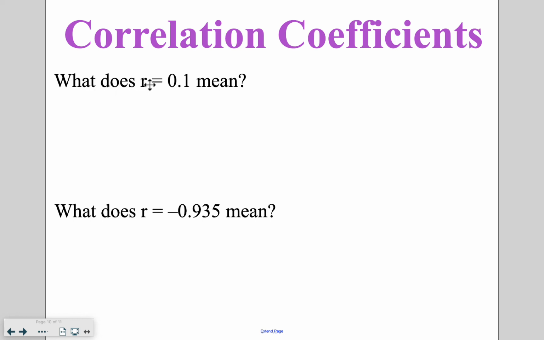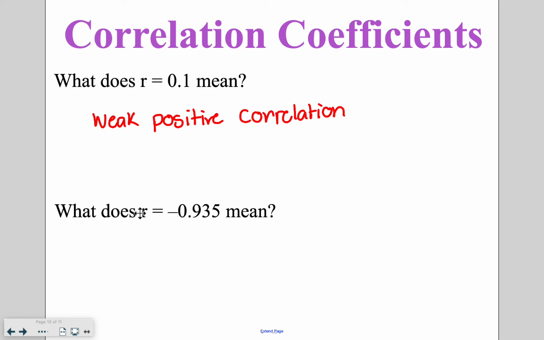So what does R, which is what stands for the correlation coefficient, of 0.1 mean? That would be a weak, because it is below 0.5, positive, because it is a positive value, correlation. So it is saying there is a little bit of correlation that exists. The line kind of fits the data, but hardly at all.